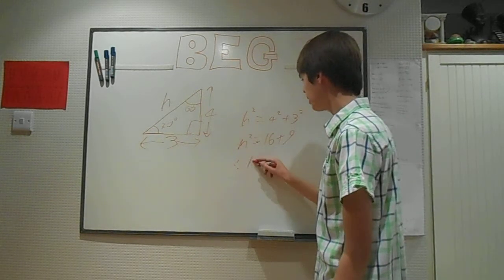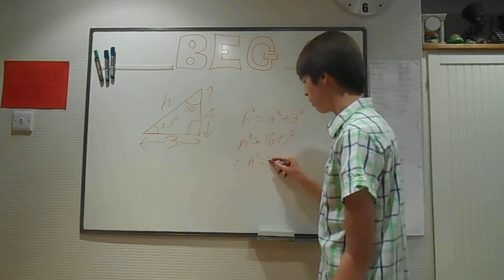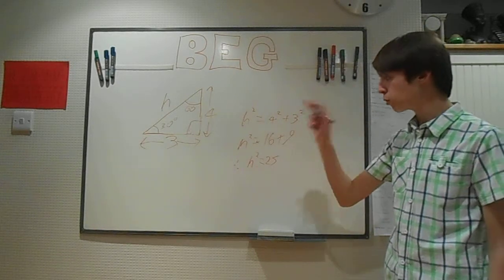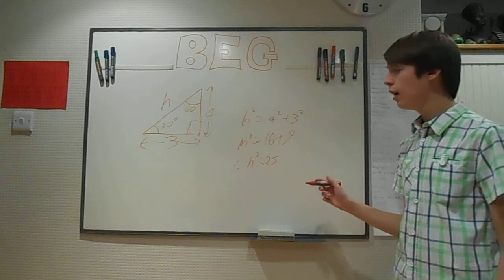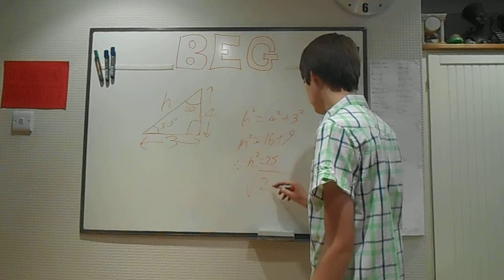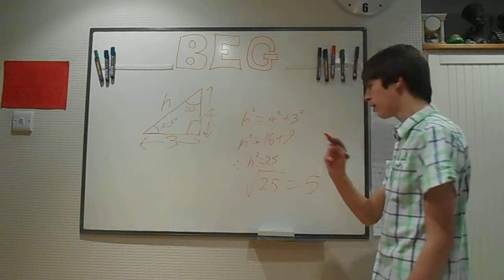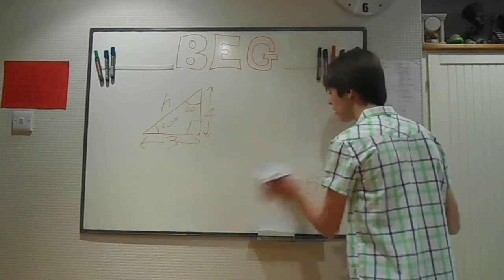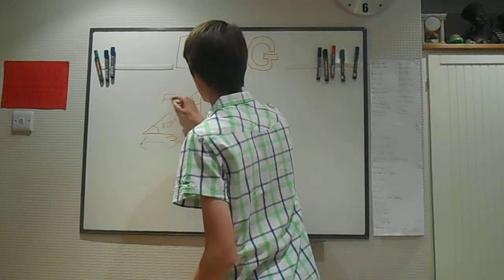Therefore, h squared equals 16 plus 9, which is 25. So what's h? Simply get your calculator and do the square root of 25, and that is equal to 5. So we have learnt that the length of h is, in fact, 5.